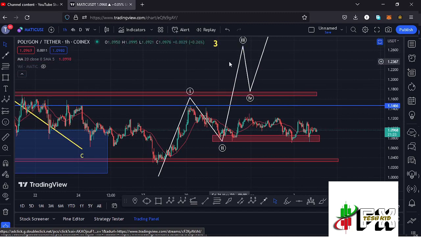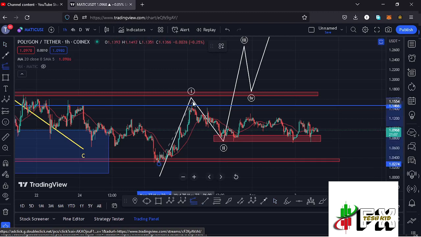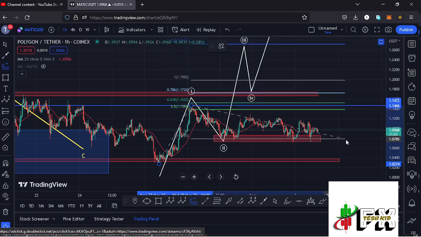And if that is the case, and assuming that Polygon Matic is not going to give us one more leg down in the formation of this wave 2, we can sketch out a target area to the upper side in the formation of that wave 3 using the trend-based Fibonacci, connecting it from the low of the first wave to the high of that wave 1, then dragging the fibs to the low of the second wave.